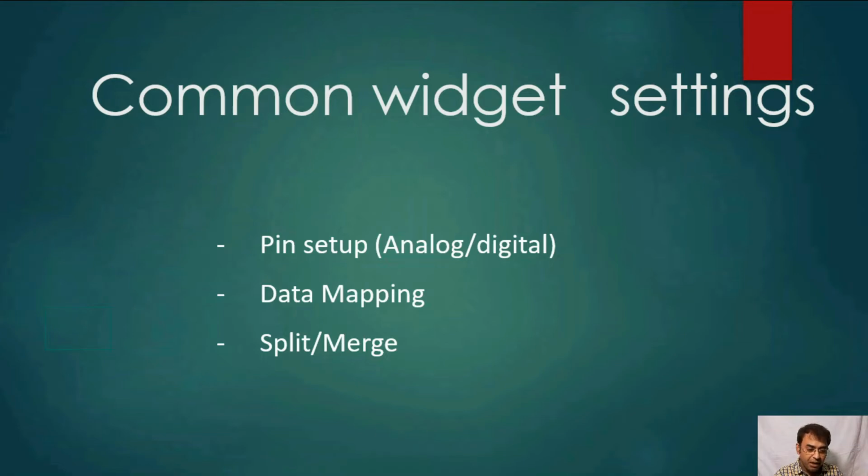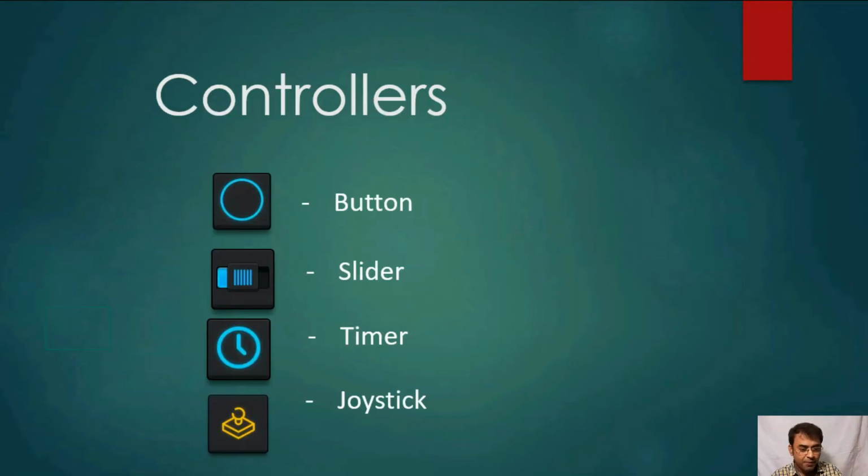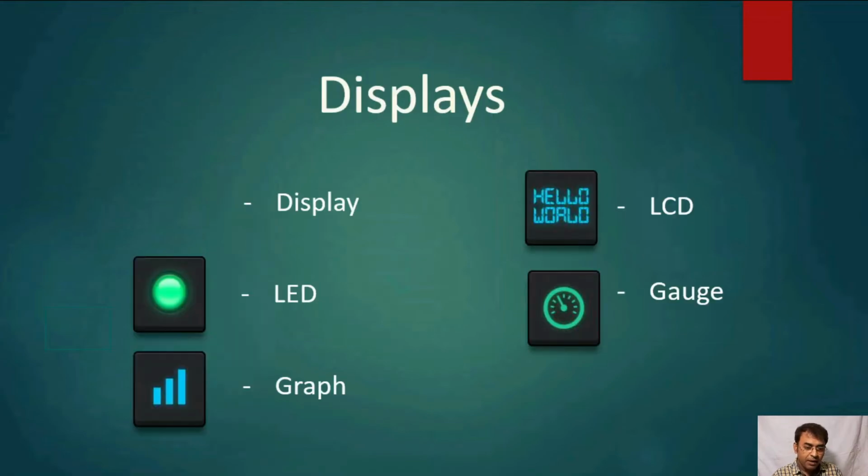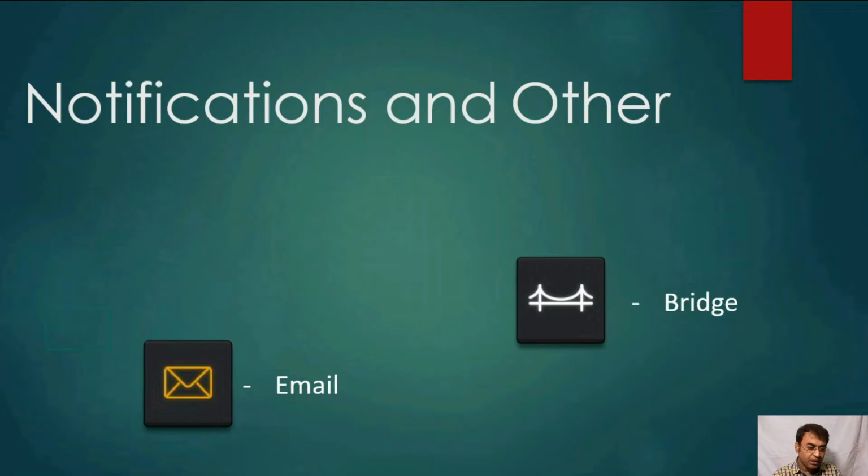Data mapping, that means from virtual pin to actual pin. Split or merge. There are different controllers that you can see, guys: button, slider, timer, joystick. Displays: you have gauge, LCD, LED, graph, and many more. Notification, another: email, bridge.